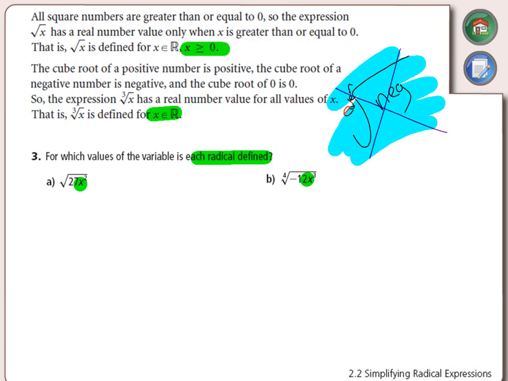Let's look at this question now. What values of x am I allowed to use? Well, let's start here. First of all, look, is it an even number for an index? So the index is even. That means we're here.